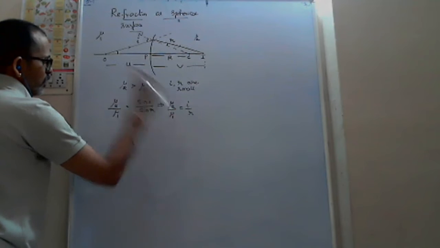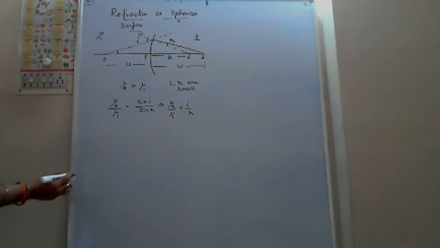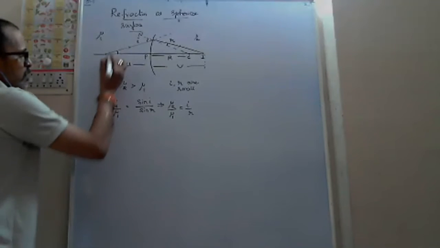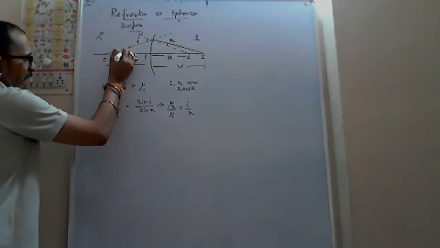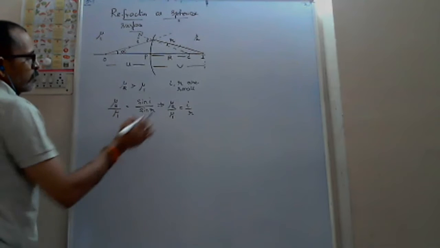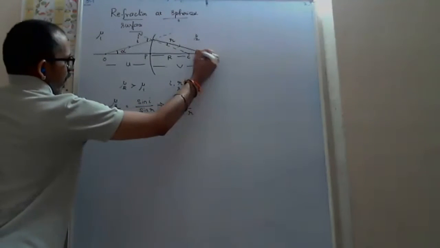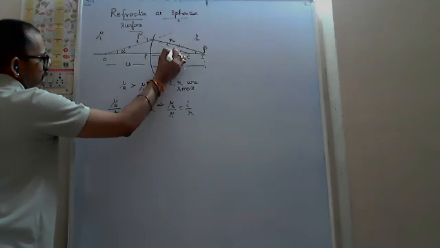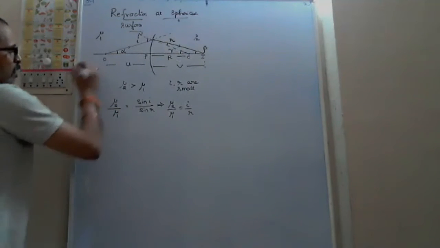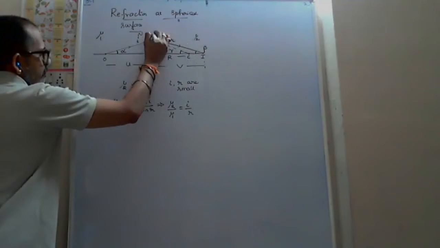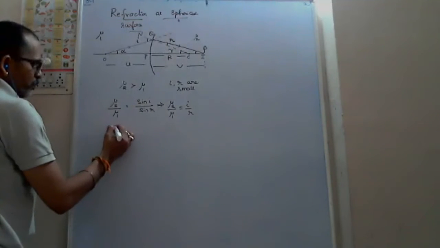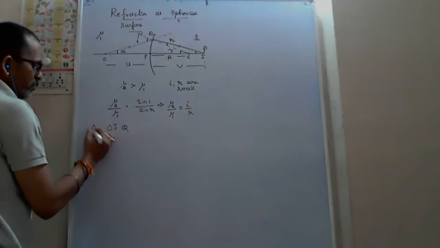Right. Here, suppose this is the angle alpha, this is the angle beta, and this is the angle gamma. From the triangle OIQ, can you say anything?